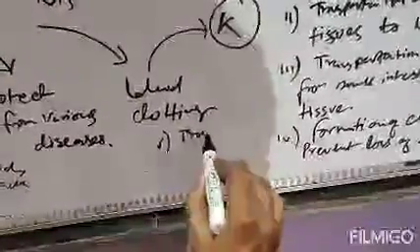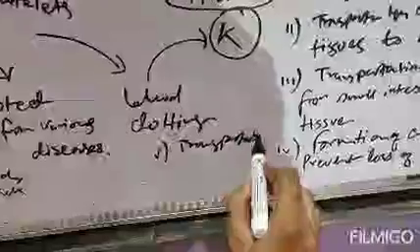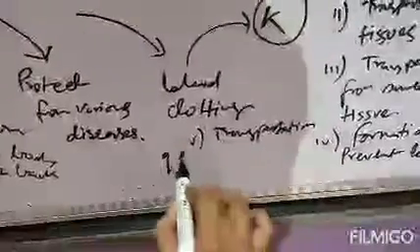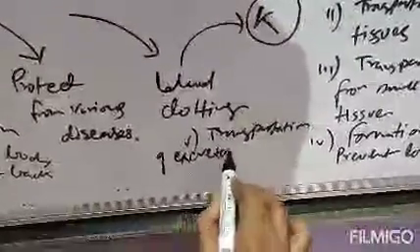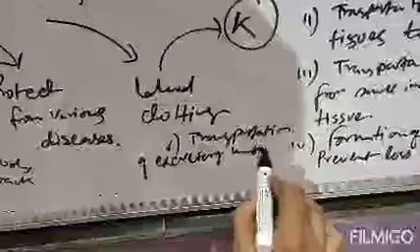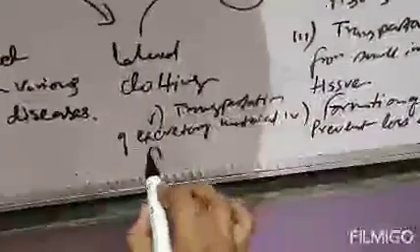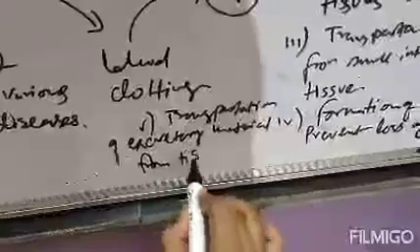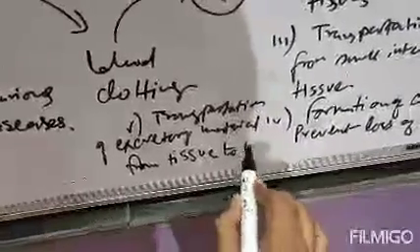So it is also a function that we can write, that is transportation of waste material or excretory material from tissue to kidneys. So these are the main functions of blood. Clear?